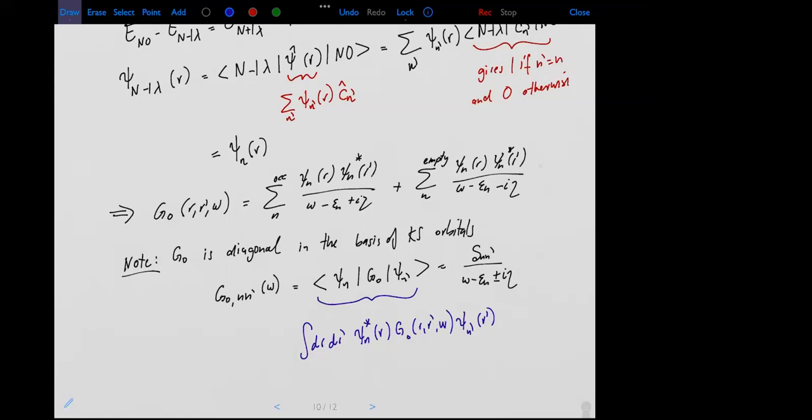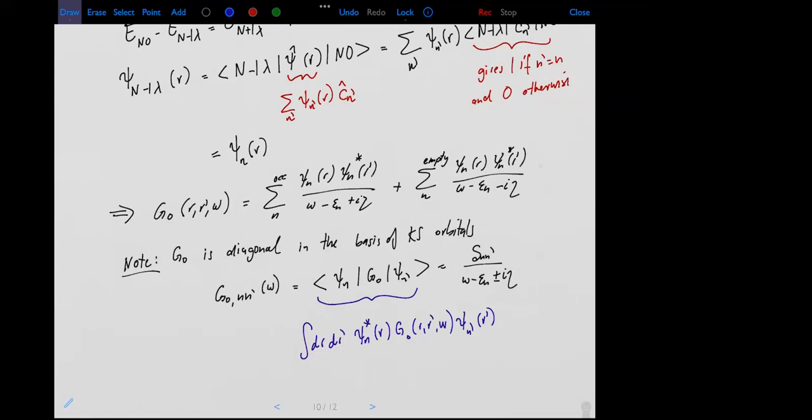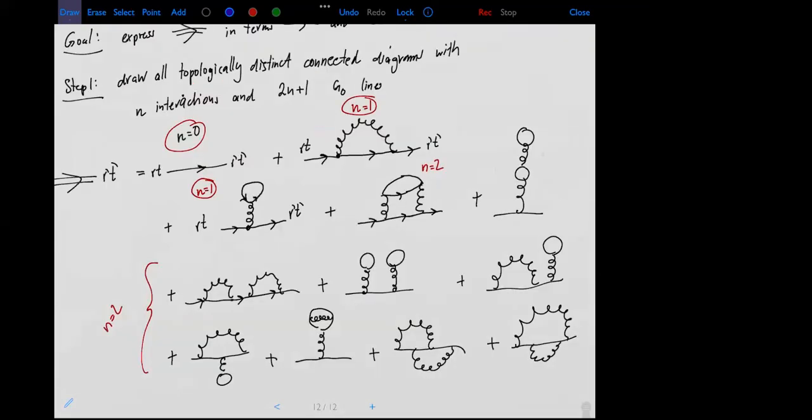Yeah, fair question. Okay. I have a question about the last part, about the diagrams and the Green's functions. So we shouldn't think about the electron at position R and T being the same as the electron at R prime T prime, right?